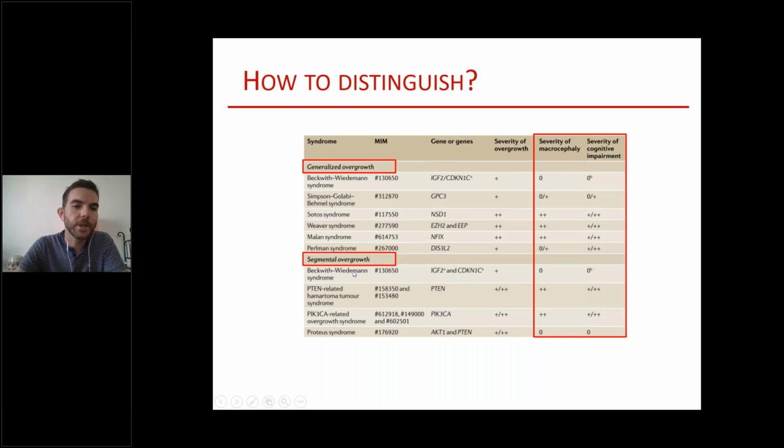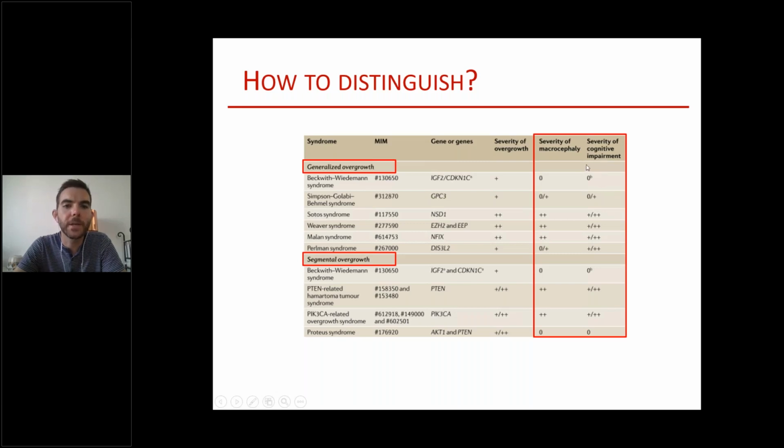And the next question is, what are the associated symptoms aside from overgrowth, and especially looking at the head circumference. So is the head circumference normal or increased? And if there is a cognitive impairment, what is the severity of the cognitive impairment?